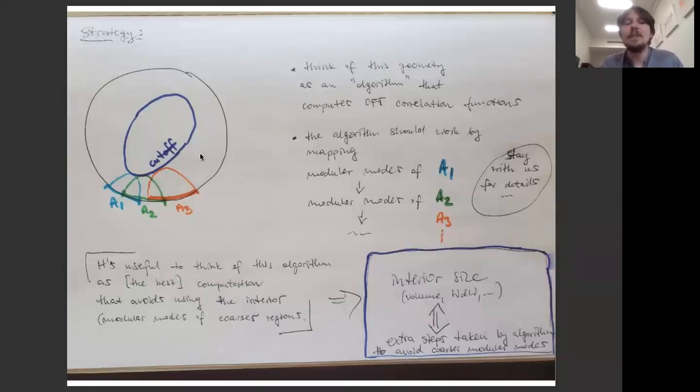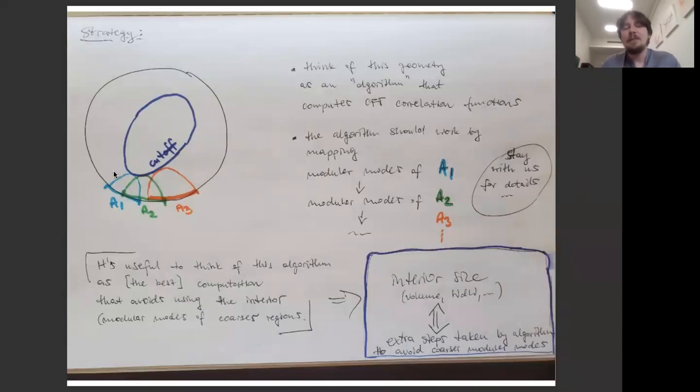Presumably in doing this, we will be using modular parallel transport in some way. I will tell you details about this; this is just a sketch. And maybe one more remark is that as we look at this picture, it's useful to think of the algorithm as hopefully the best computation, but at least some computation, of the correlation function that avoids using the interior, as in we are not using the modular modes of the coarser regions.